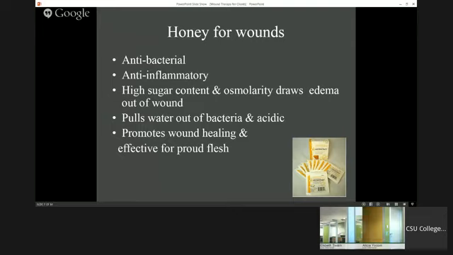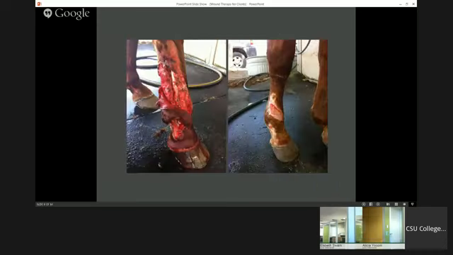It also pulls the water out of bacteria and is acidic. In addition, it promotes wound healing and is effective for proud flesh. This is something I have started using in the last 4 to 5 years that provides a more natural approach to wounds, and it's pretty readily available in most areas.